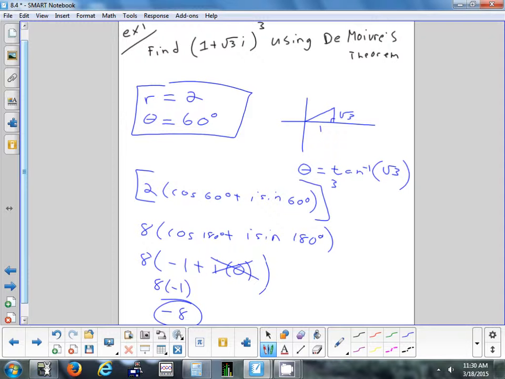Yeah, if you cube root this, you change it back to what it was. 1 plus root 3i. Right? So this is one of the cube roots of negative 8. Negative 2 is another one. Okay? Turns out there are 3 cube roots of negative 8. I'll mention that later. All right?